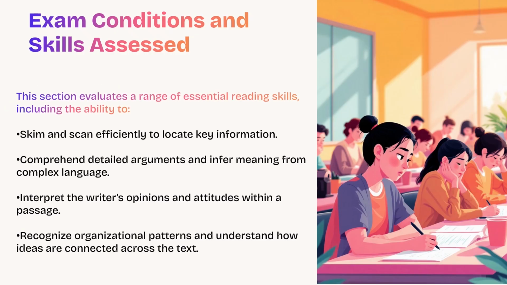The reading test evaluates a range of essential reading skills, including the ability to skim and scan efficiently to locate key information, comprehend detailed arguments, and infer meaning from complex language, interpret the writer's opinions and attitudes within a passage, recognize organizational patterns, and understand how ideas are connected across the text.